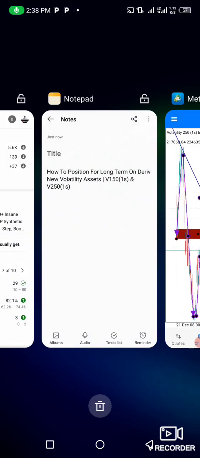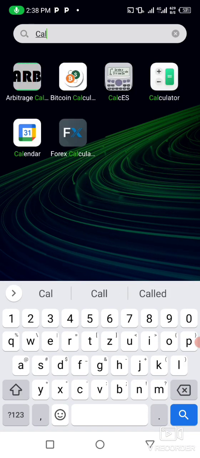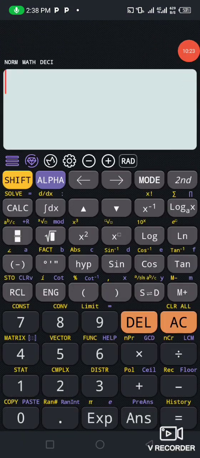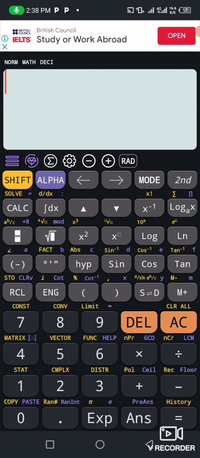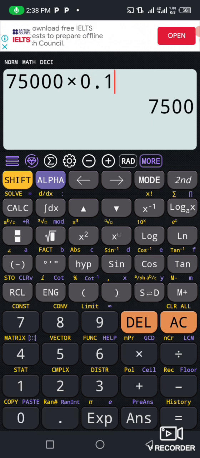If you have a $200 account, for instance, for people that have low capital, or you have $500, let's assume a $500 account, and you are targeting 750,000 pips, and you use 0.1, that is $7,500.